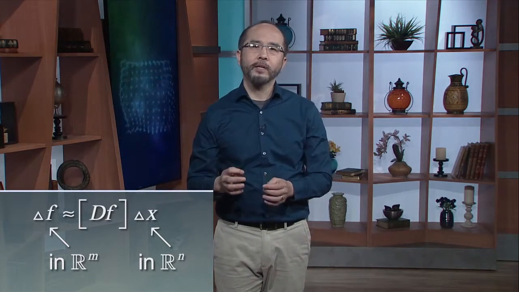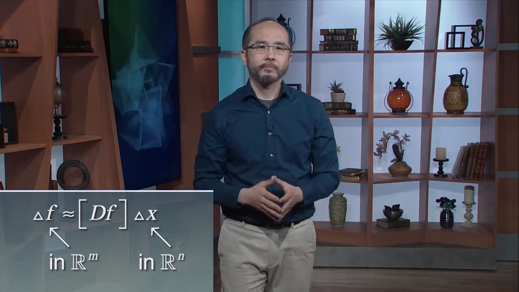So if f goes from Rn to Rm, can you see what dimensions this derivative matrix must have? Yes, that's right. It must be m by n because the act of multiplying by Df needs to send a vector in Rn to a vector in Rm. So both the original function and its derivative take Rn to Rm.